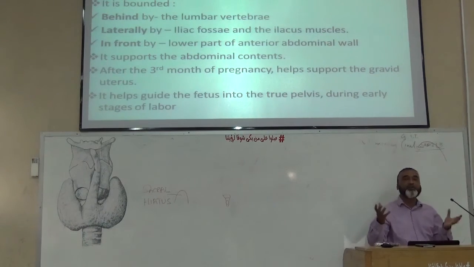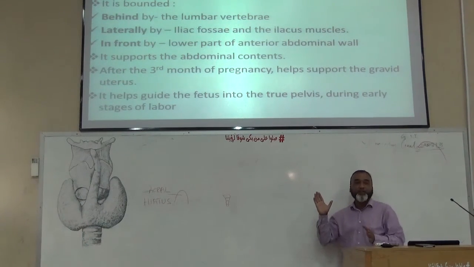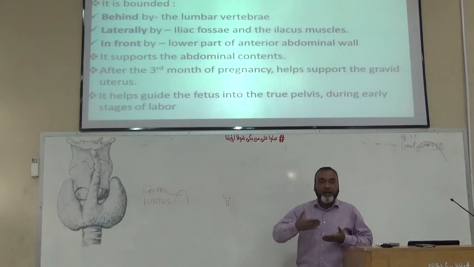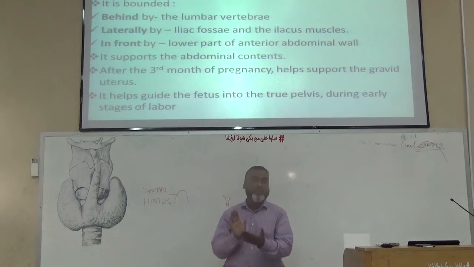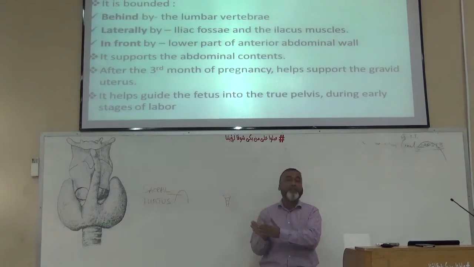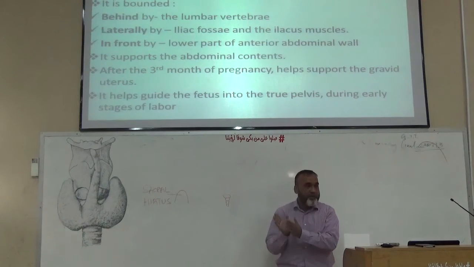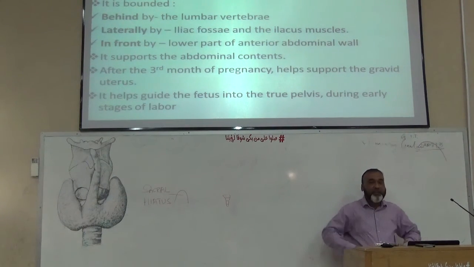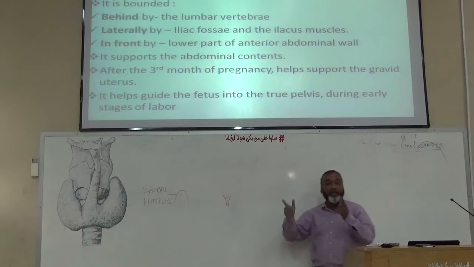If you see the boundaries of the false pelvis, as I said, it is a part of the lower part of the abdominal cavity. So the boundaries of the false pelvis: posteriorly we have the lumbar vertebra, and on the sides we have the iliac bone with the iliac fossa.